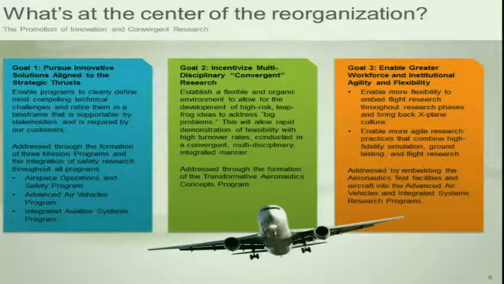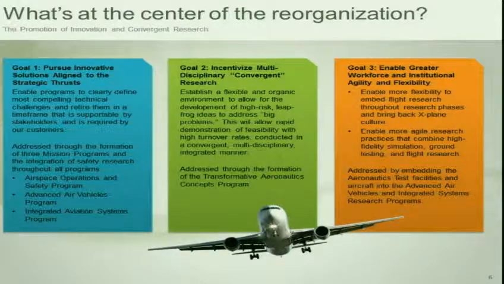So some of the things we're doing is to get the institution closer to the program. So we're embedding flight research more closely into what we're now calling the Integrated Aviation Systems Program, and we'll talk about that, and then our ground test facilities into our Advanced Air Vehicles Program.